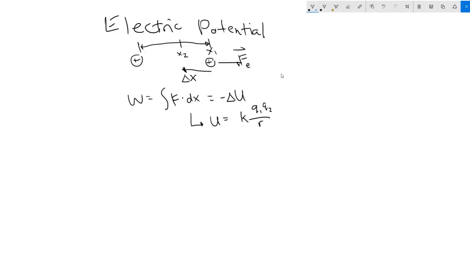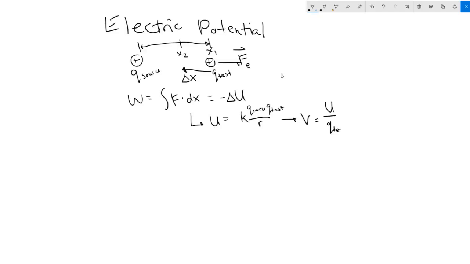But pretty much, if you start from a potential energy function, then you use the relationship that the electric potential is U divided by Q. So instead of using Q1, Q2, we can say Q of the source times Q test charge.